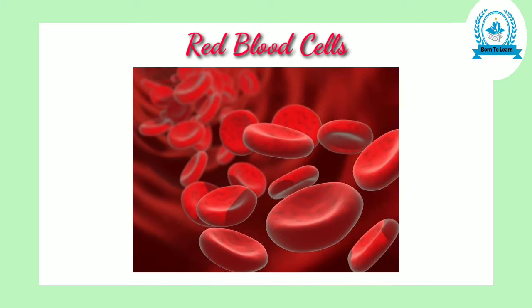Red blood cells. Red blood cells are red in color due to the presence of red pigment called hemoglobin inside them. Red blood cells are carriers of oxygen. Red blood cells carry oxygen from lungs to all the cells of the body. It is actually the hemoglobin present in red blood cells which carries oxygen in the body.